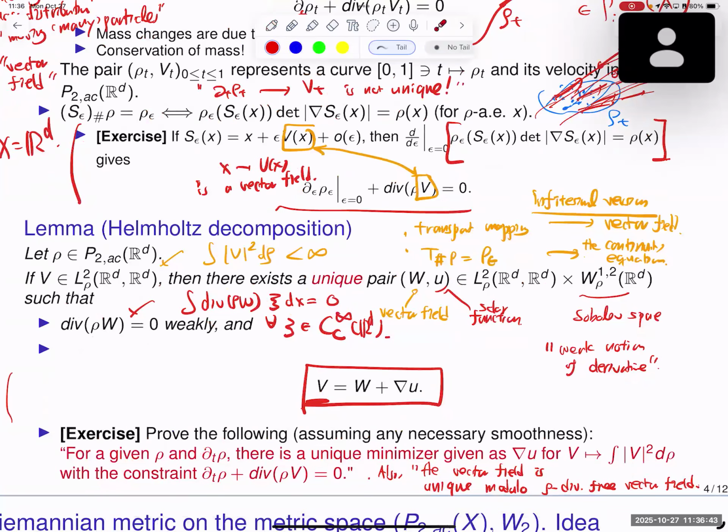If you had another vector field, so it means if you had two vector fields v1 and v2 corresponding to such a continuity equation, then v1 minus v2 has to be this divergence free equation.